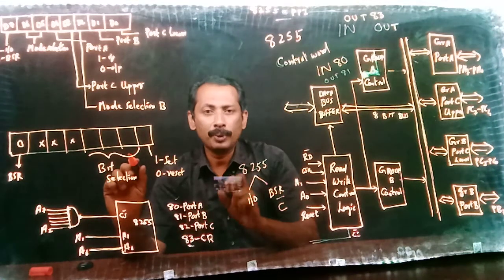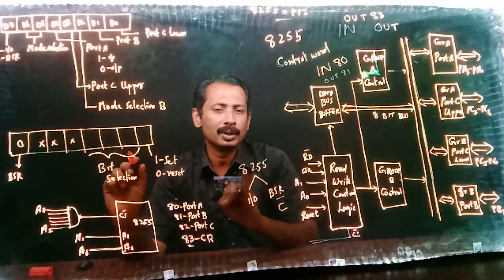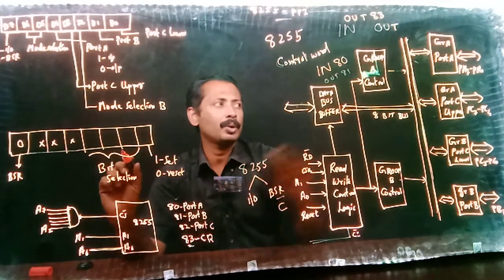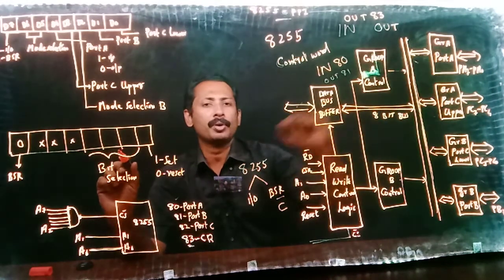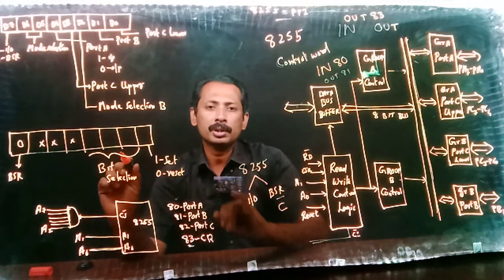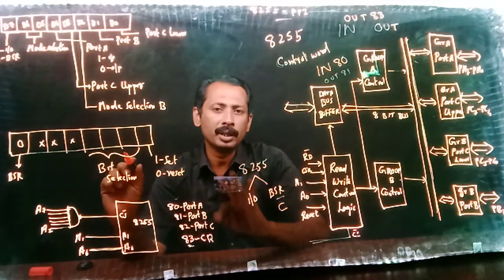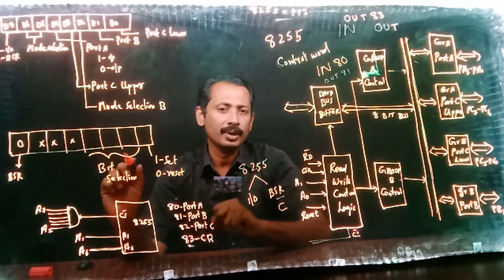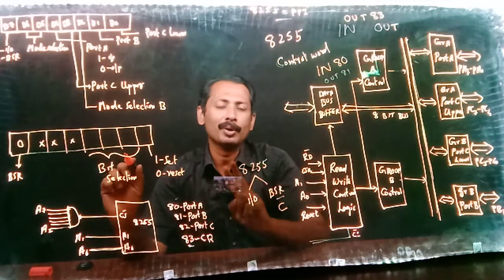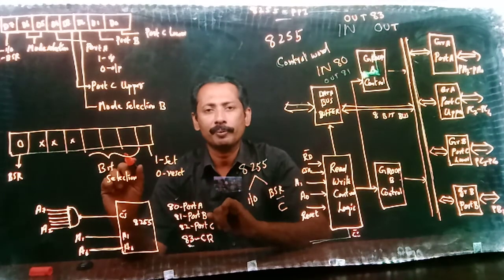Group A works in three modes: mode 0, mode 1 and mode 2. Group A is port A and upper port C. So mode 0, mode 1 and mode 2 are the three modes of group A. Group B has only two modes: mode 0 and mode 1.